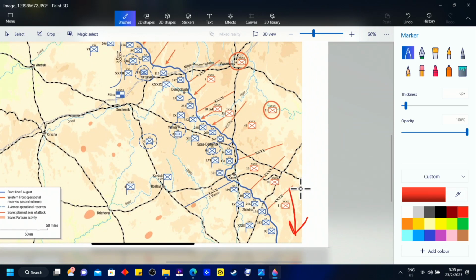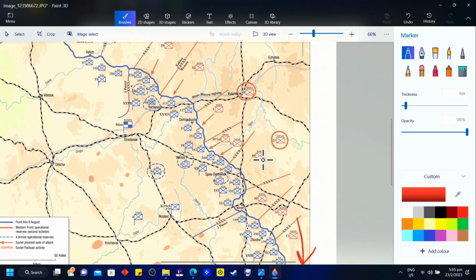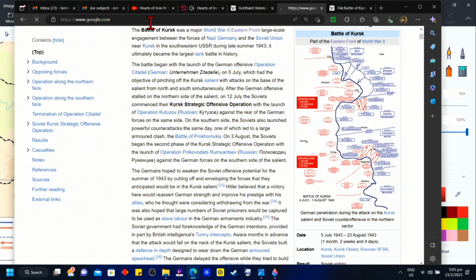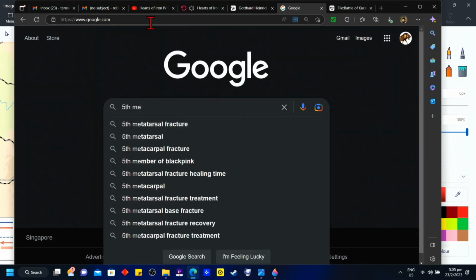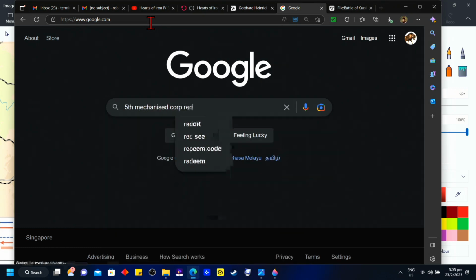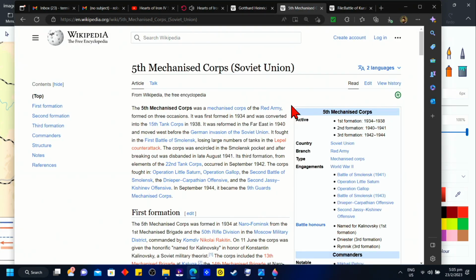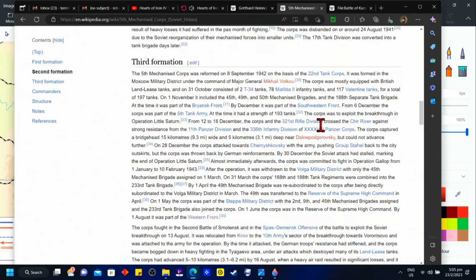The 5th Mechanized Corps wasn't shown here. So this 5th Mechanized Corps of the Red Army, Soviet Union, was the only large tank formation for Operation Suvorov.